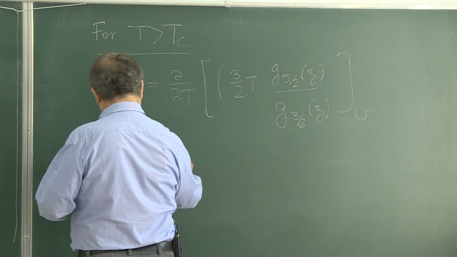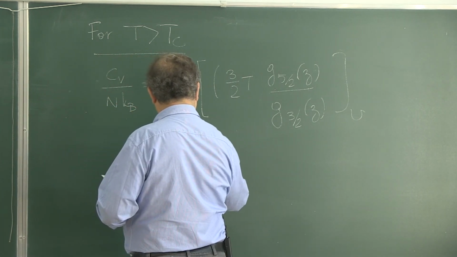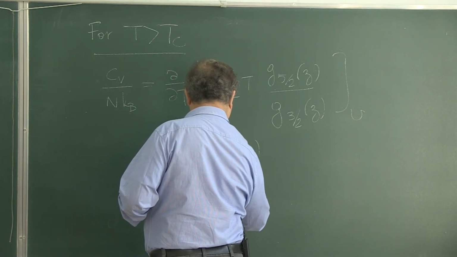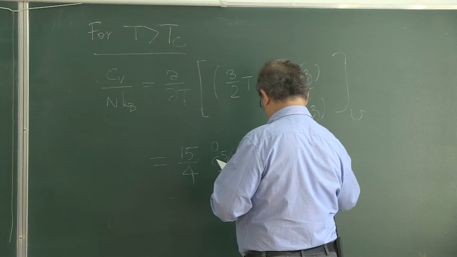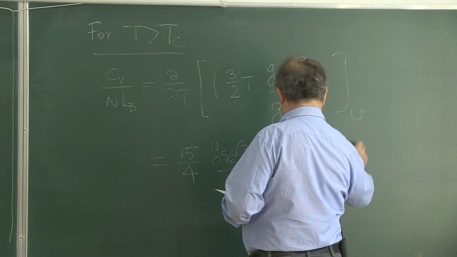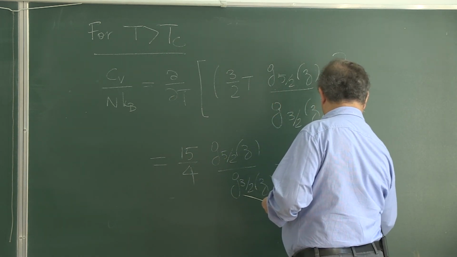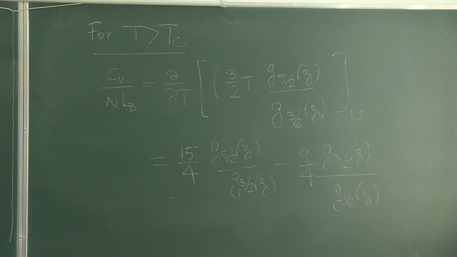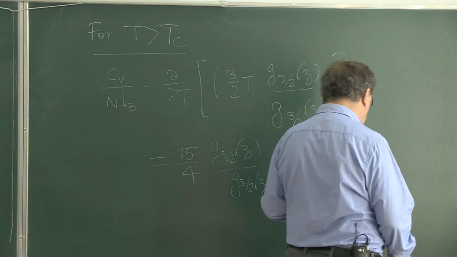So that comes out to be, please check this, involving g_{5/2}(z). When z becomes 1, the second term goes to 0.